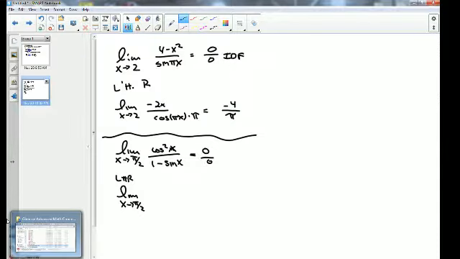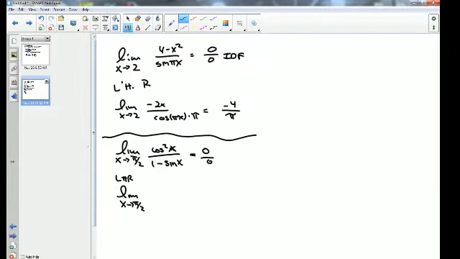Derivative of the top. That's a chain rule problem. What's the outside function? Squared. Remember, you can rewrite that as cosine x, quantity squared.